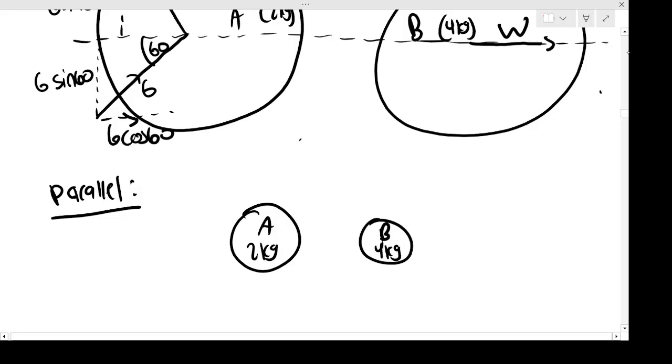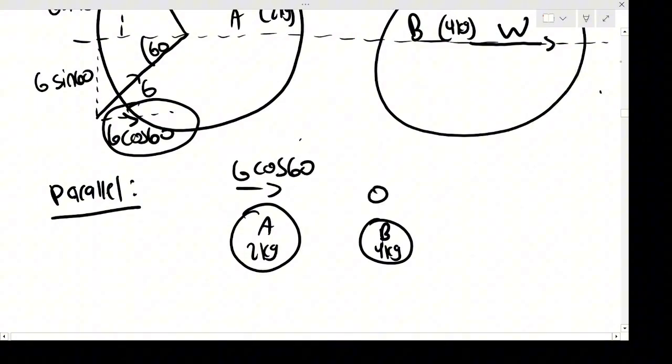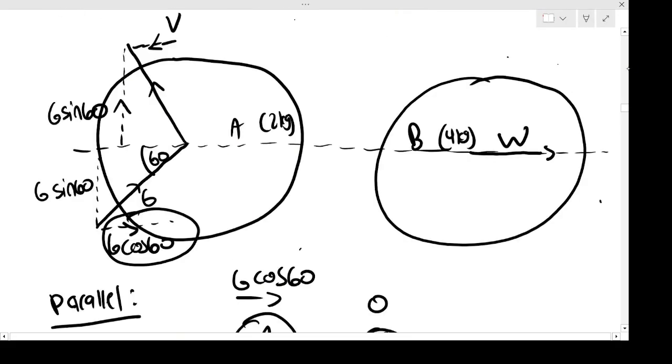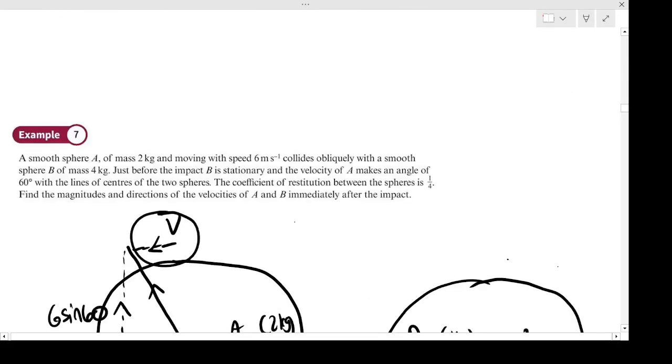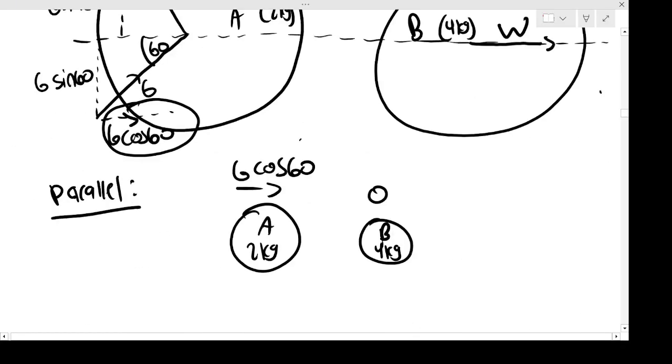For A, initially it's moving to the right by 6 cos 60. And for B, it's not moving anywhere, so it has 0 speed. And then afterwards, A has this parallel speed of V backwards, and B has speed W forwards.